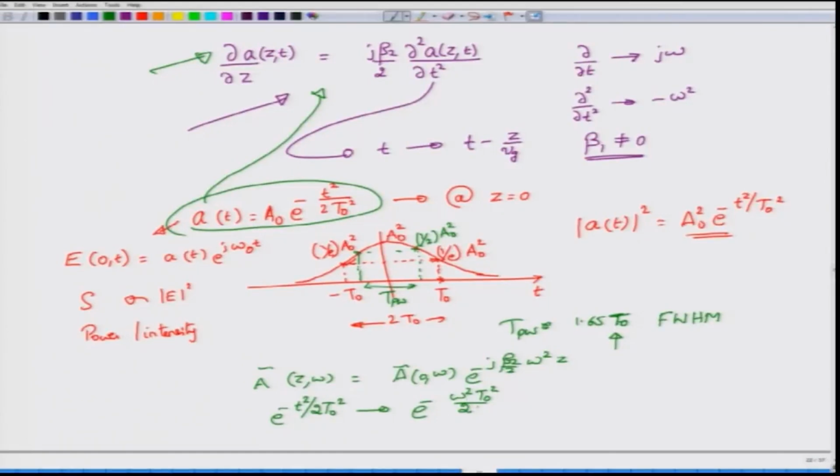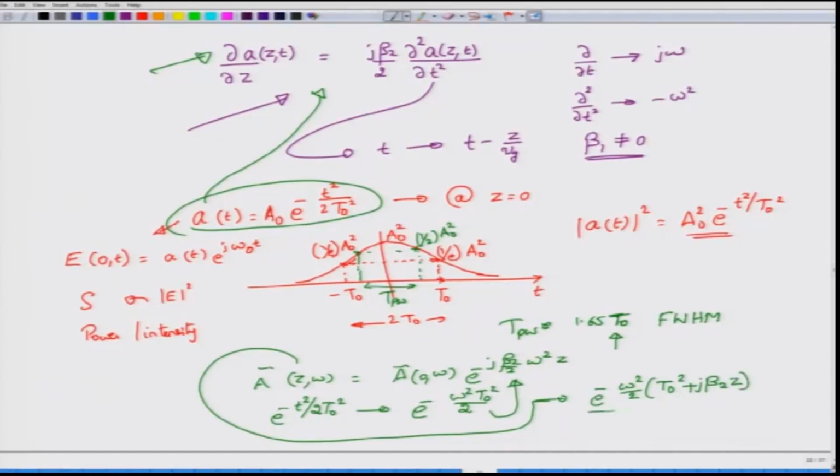This is what you actually have for the Fourier transform. When you take this Fourier transform and multiply it by e to the power minus j beta 2 by 2 omega square z, what you actually get is e power minus omega square by 2, which is common, times T 0 square plus j beta 2 times z.